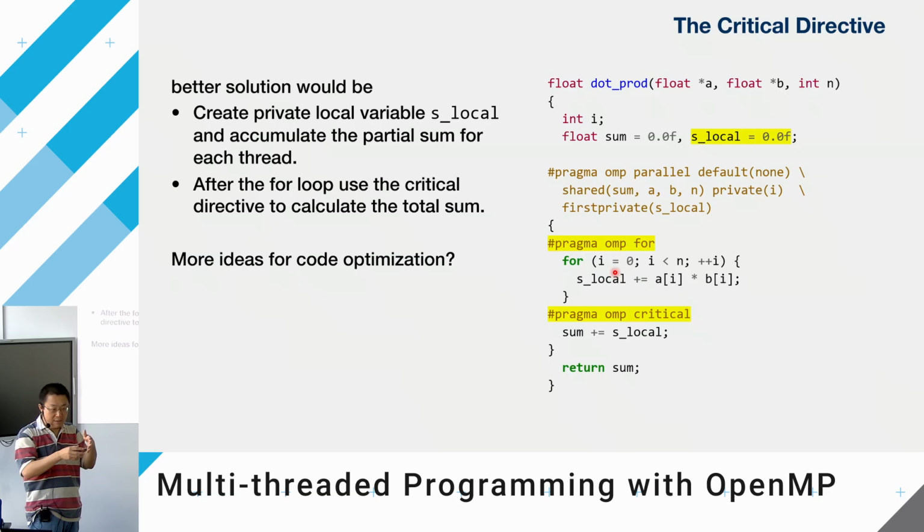Because each thread has its own local sum, there's no race condition and no dependencies, because they just work on their own.